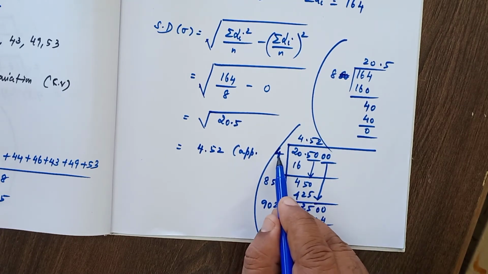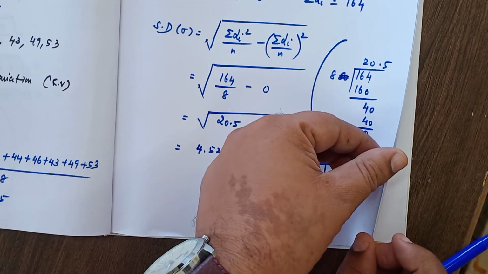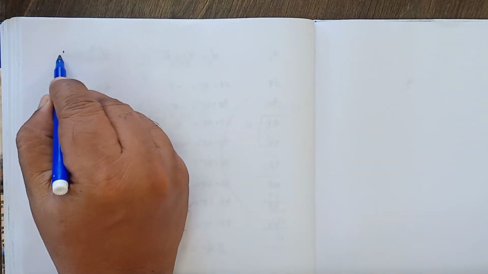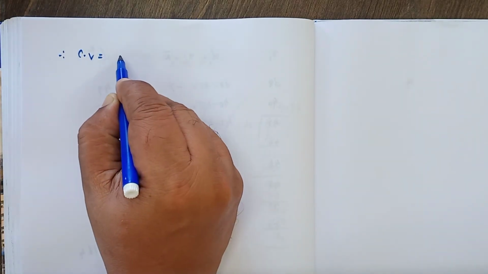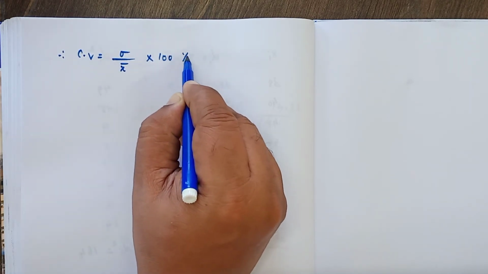Okay. This is the standard deviation. Now we can go for the coefficient of variation, CV. Therefore, the CV formula is sigma by x bar into 100%.